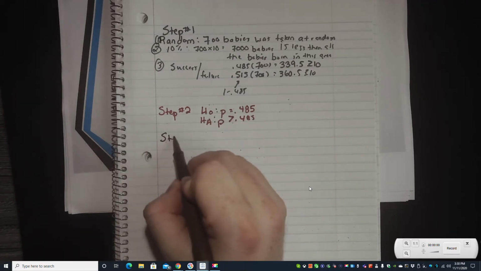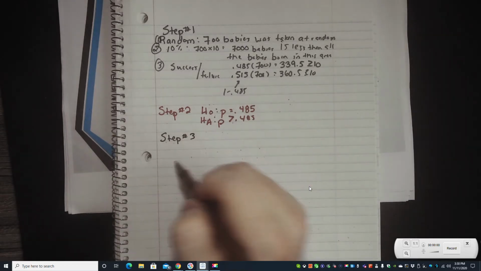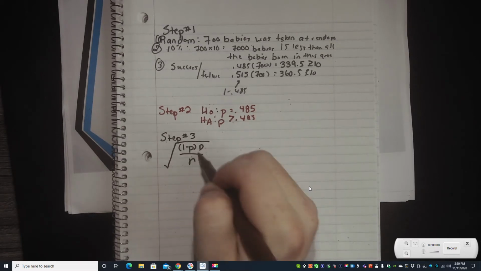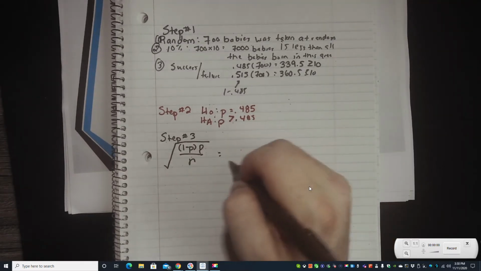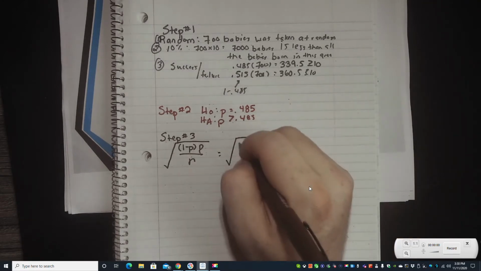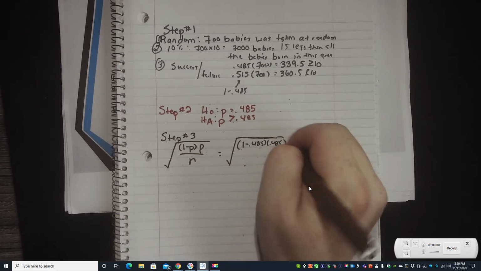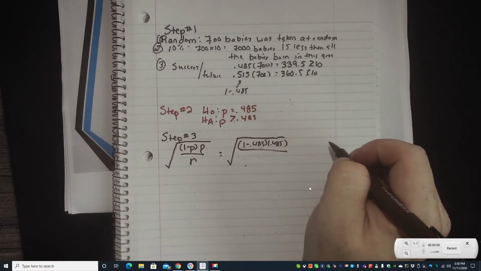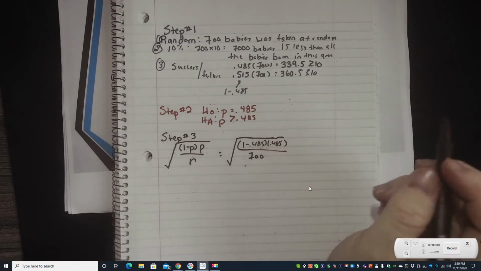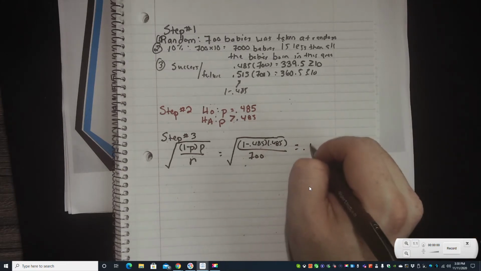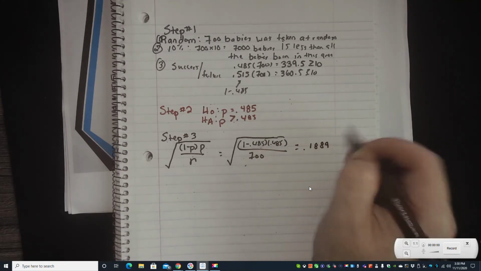Step number 3. Square root of 1 minus p times p over n. So let's see, I got 1 minus 0.485 times 0.485 times 700. So that gives me 0.1889.